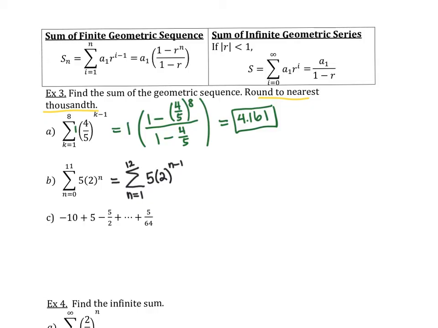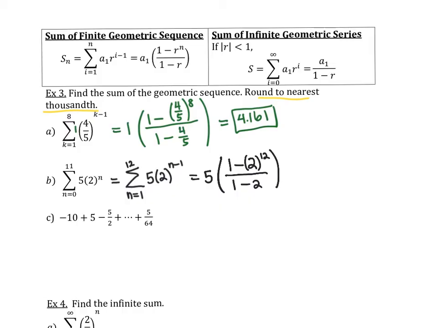And yes, I will give that formula to you on the test. Now that it's in the correct format, I can use the formula. a1 is the 5, r is 2, n is 12, over 1 minus 2.